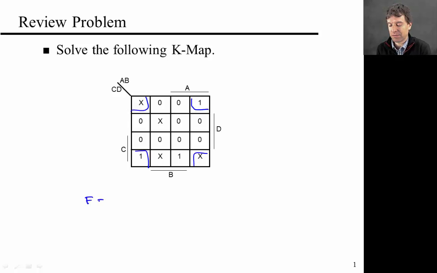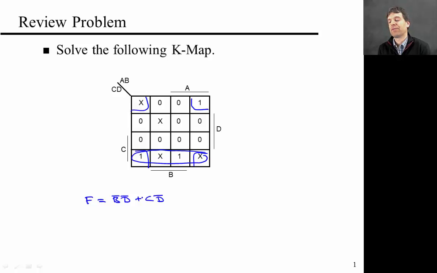This particular circle is not D and not B. And then you need to do one other circle to cover that one here at the bottom. The biggest circle you can draw that covers this one is essentially the whole bottom row, which in this case is C and not D.